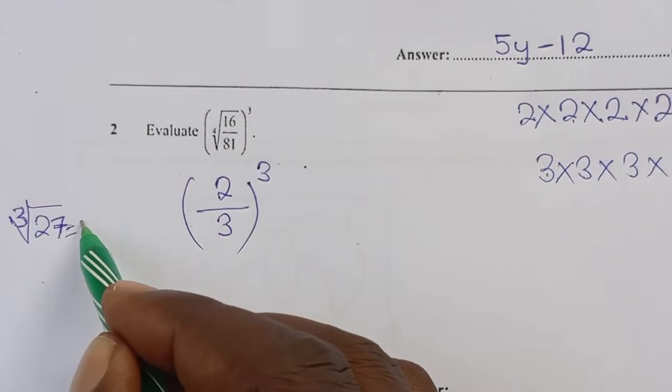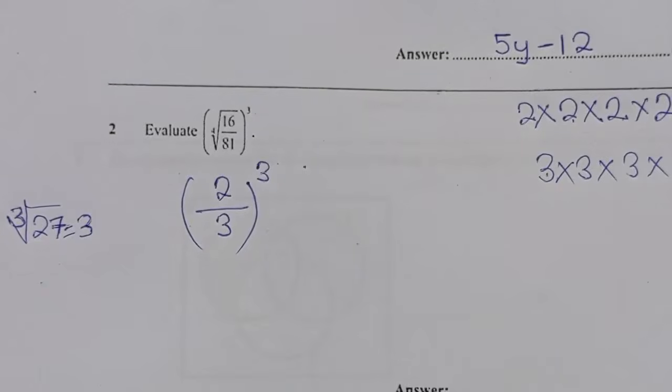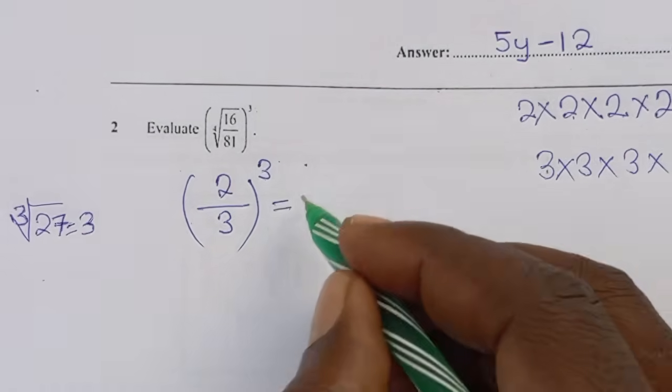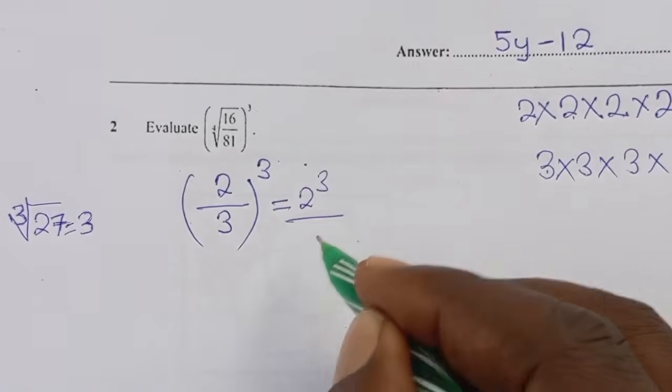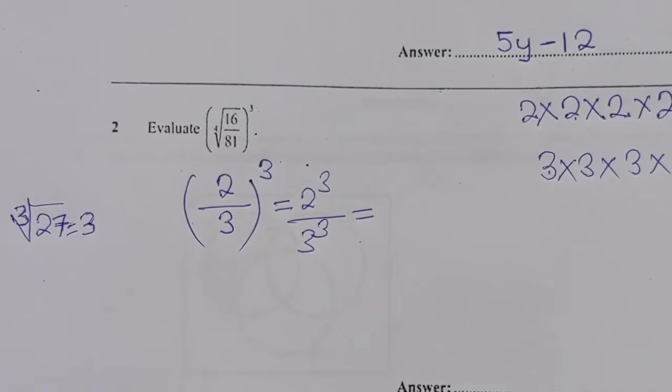It is a 3. So we are going to get 3 as the answer there. So here, this is just the same as 2 to the power 3 over 3 to the power 3. So it doesn't matter how slow I am. What is important is for you guys to get the concept.